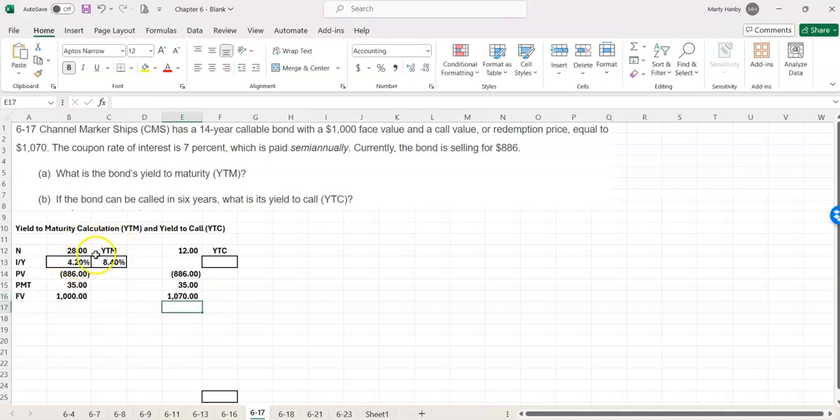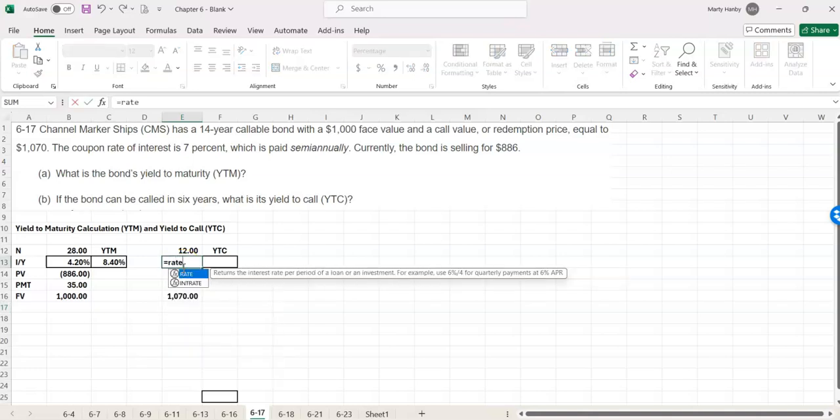I actually could just copy this over, or I can do equals RATE, number of periods, comma, payment, comma, PV, comma, and then future value, comma.